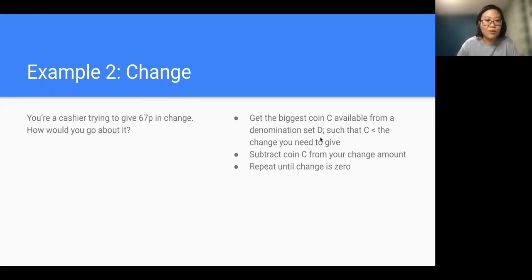Here in the UK, we have a £1 coin, a £2 coin, a 50p coin, a 20p coin, a 10p coin, and a 5, a 2 and a 1. Those are the available coins, and in this case, assume we have an infinite amount of coins. We don't have to worry about how many coins there are.